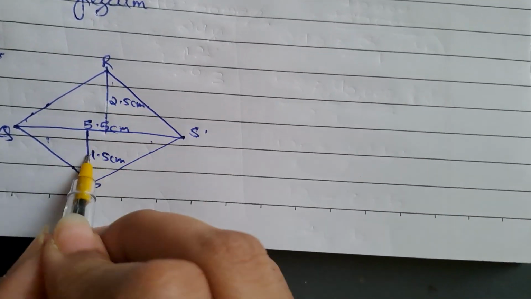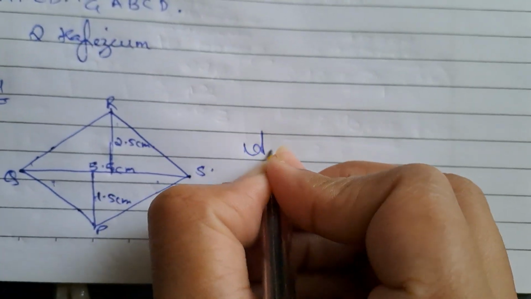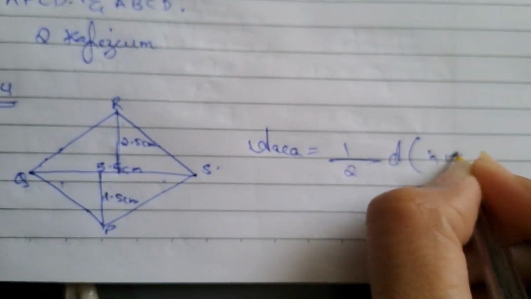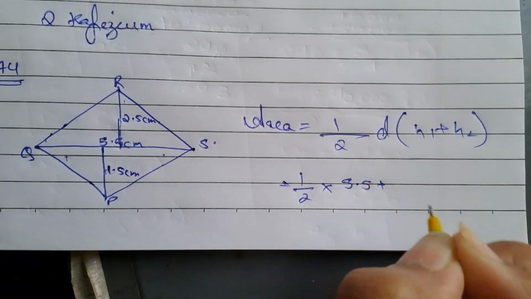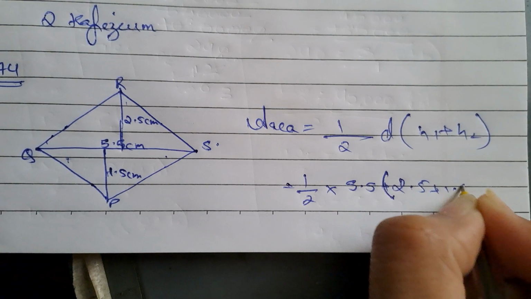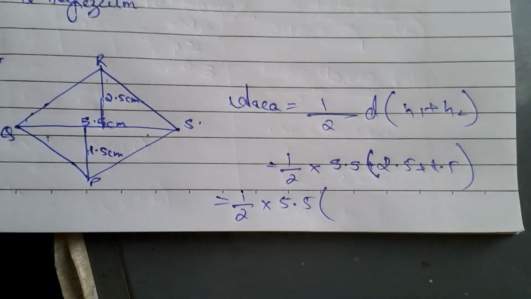There's one diagonal and two heights given to me. So the diagonal and respective heights are given. So the area of this quadrilateral is going to be half d times h1 plus h2. So that is half into 5.5 times 2.5 plus 1.5. So that is half into 5.5 remains like this.